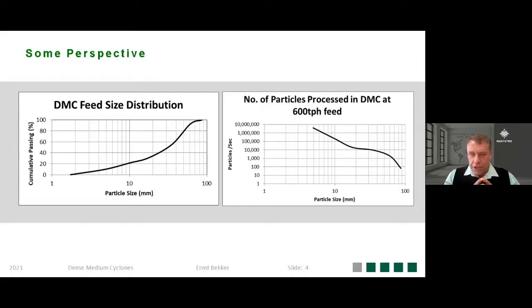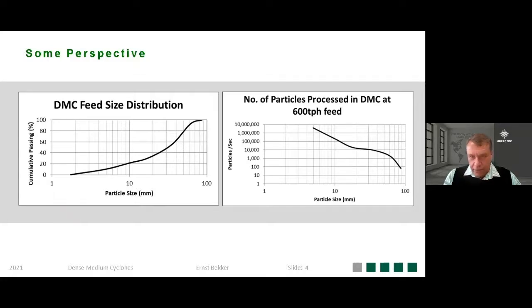Pay close attention to the y-axis. It's particles per second, not per hour. So this type of information you don't normally see. So the dense media cyclone is making a lot of decisions in seconds.